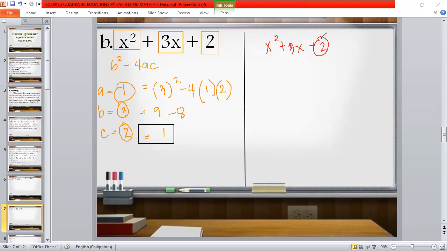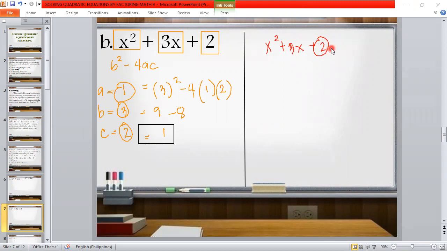Lagi niyo pong tatandaan na kapag kukuhanin niyo ang factor ng last term, kapag pinag-add niyo po yung dalawang number na ito, ang kalalabasan po ay 3, itong middle term. Again, kapag kinuha po natin ang factor ng last term, kapag pinag-add po natin yun, ang kalalabasan ay middle term.